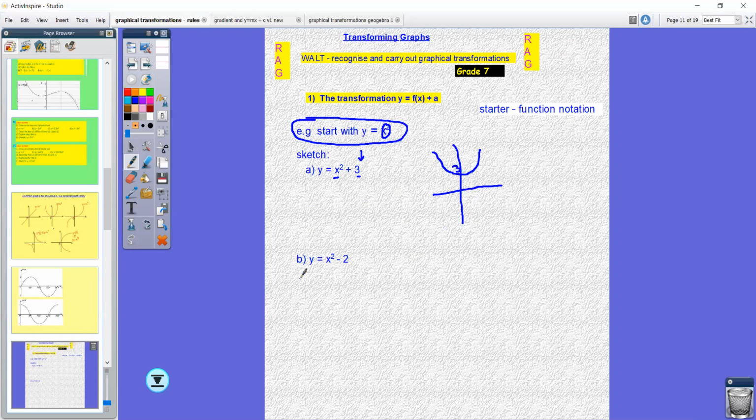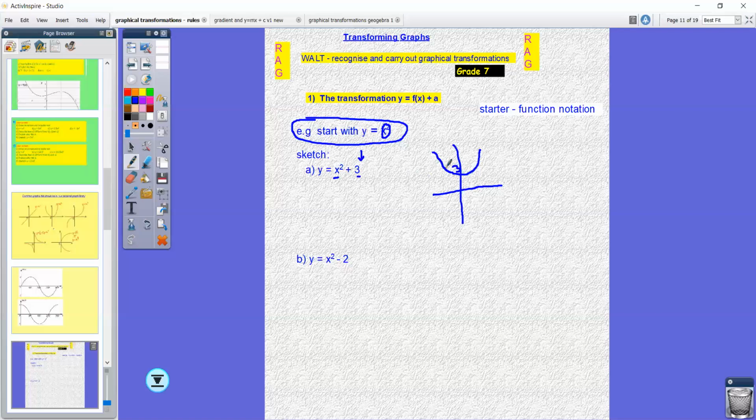We'll do the same thing with the next one. Again, I'm not going to do every single one of these, but I'm talking about what's affected first, the y coordinate or the x coordinate. So that's that one, the y coordinate's affected first. And that means, although this rule's here, they don't really have to remember a rule. They can just look at it and think, it's the y coordinates having 3 added onto it. That makes all the y coordinates have 3 added onto it.